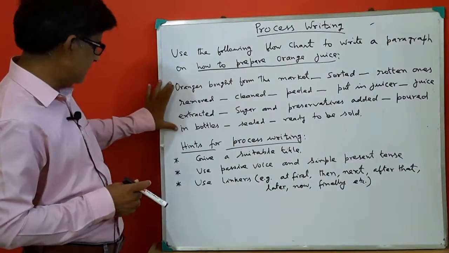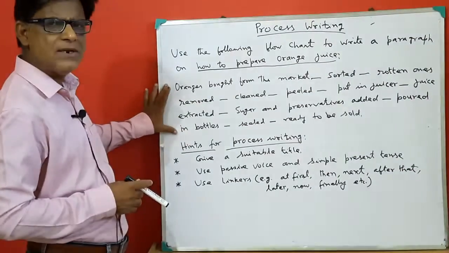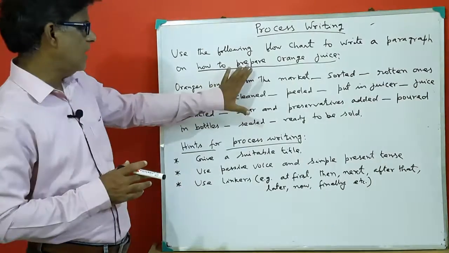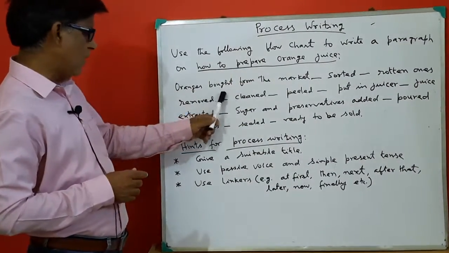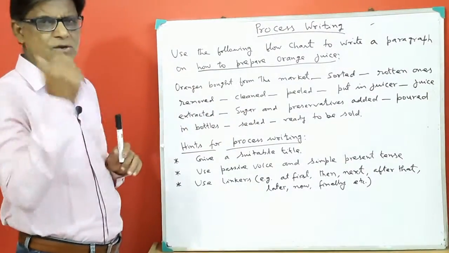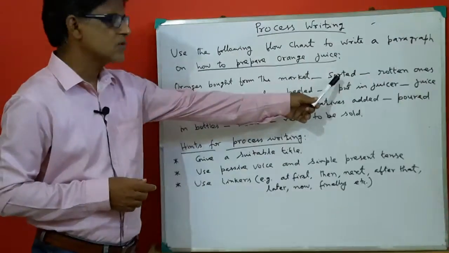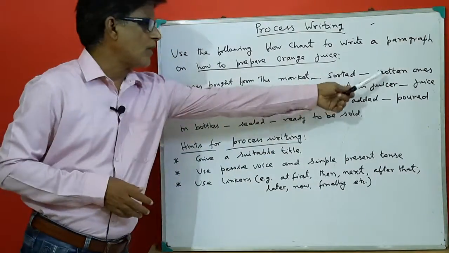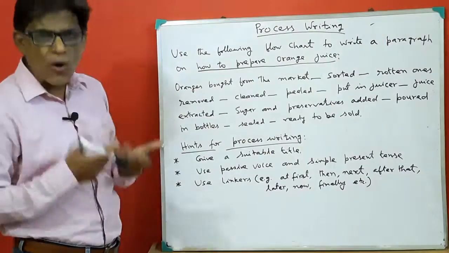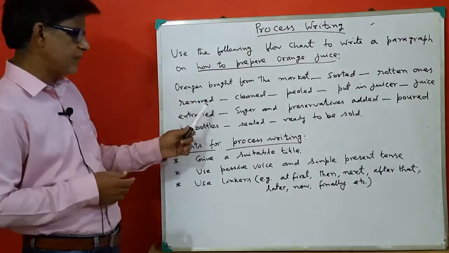So here are given certain points on how to prepare orange juice. For example, oranges bought from the market. This is one point. Second point, sorted. These are just hints. Rotten ones. Rotten ones means rotten oranges. Removed.